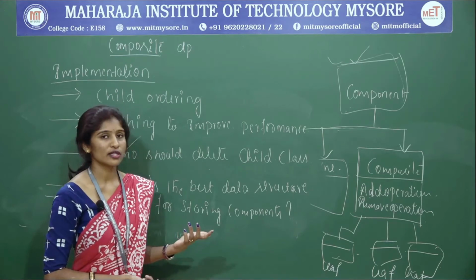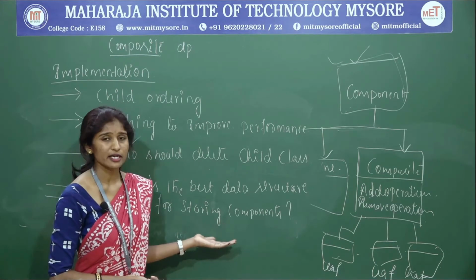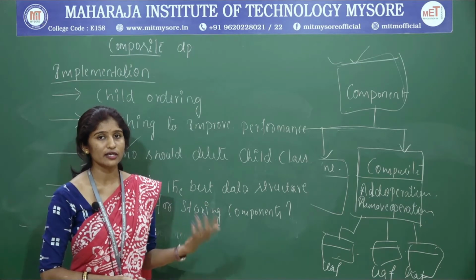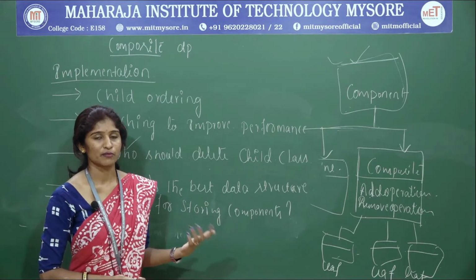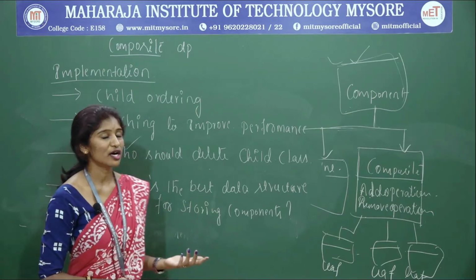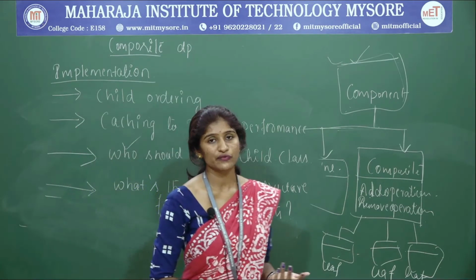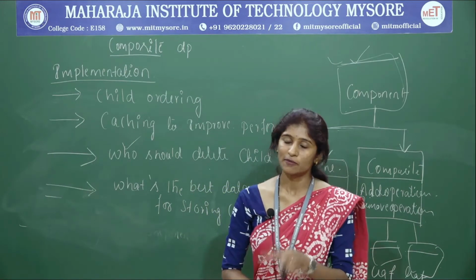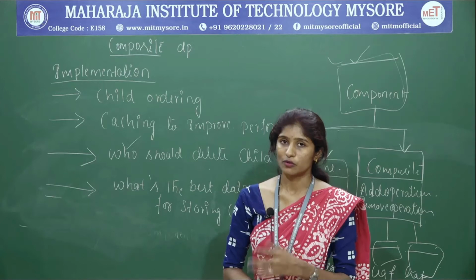Based on your requirement you can choose the data structure and then use it with efficient programming. These are a few of the implementation issues we need to consider before going for the design, that is, the designing of the coding part.